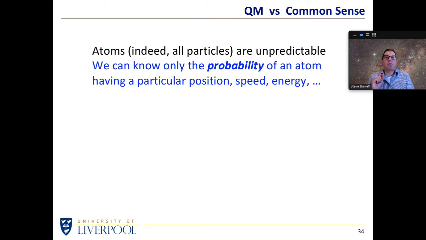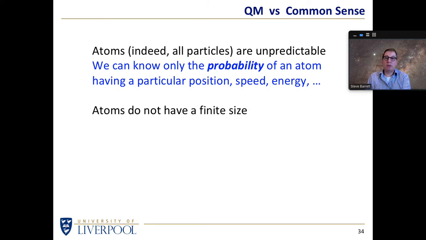You can know the probability of an atom having a particular position, a particular speed, a particular energy, interacting with another atom in a particular way. You can know the likelihood of the result, but you can never predict what's going to happen. And some people really do not like the idea that we can only talk about probability, not talk about what is going to happen if.